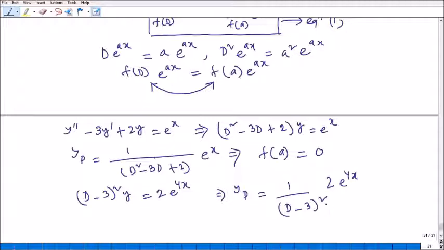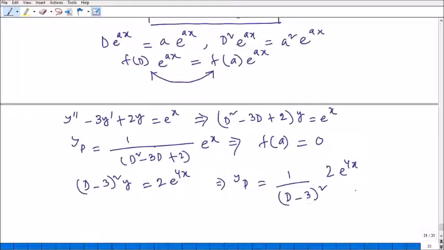So now let me check whether f of a is equal to 0 or not. If we put the value of D equal to 4, then it becomes 1 by (4 minus 3) whole square into 2 e to the power 4x, which is 2 into e to the power 4x.